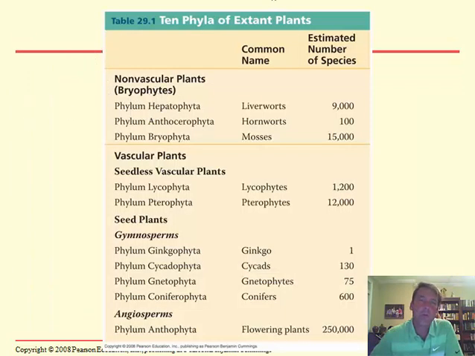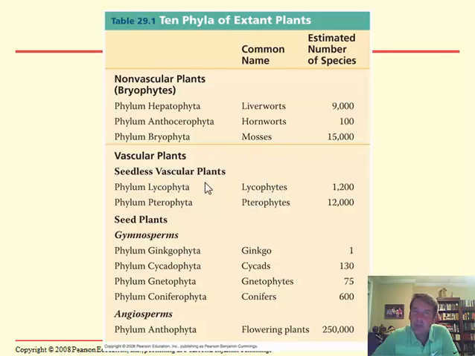Well, before looking at the bryophytes in any detail, we'll look at the major groups of plants that we're going to look at. So the divisions include the bryophytes right here, which are non-vascular, and they include the mosses, liverworts, and another small group called the hornworts. And then we'll look at the vascular plants. So the rest of the plants all have vascular tissue. Some do not produce seeds.